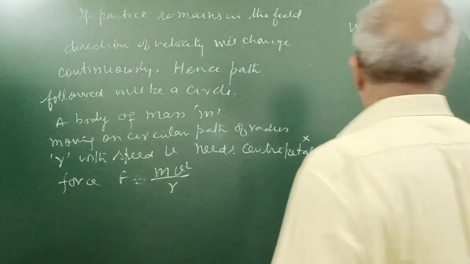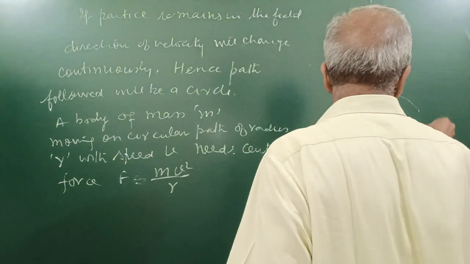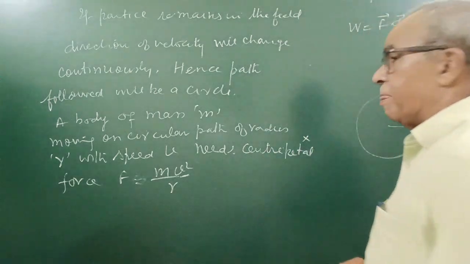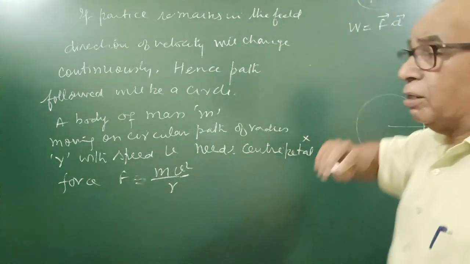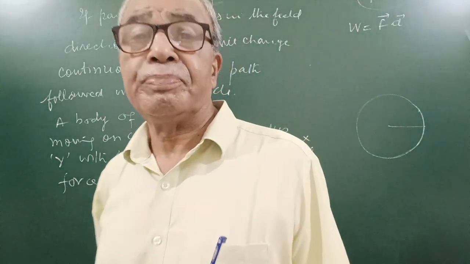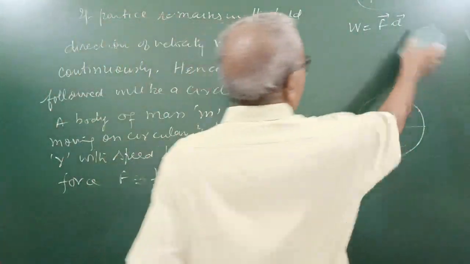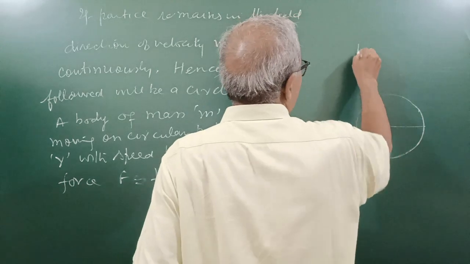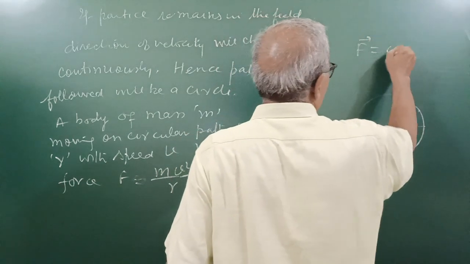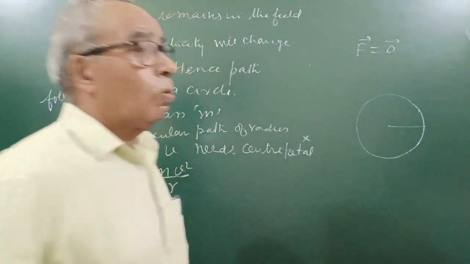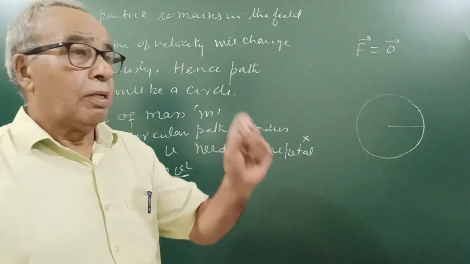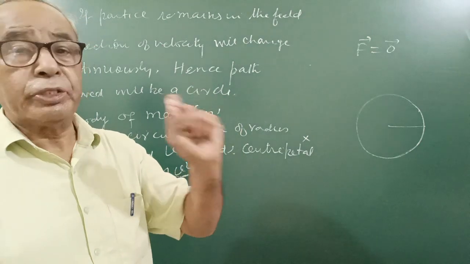And here in this circular path, the body is changing direction continuously. So to change the direction of velocity, we need a force. If F is equal to 0, then it means by force... What is force?